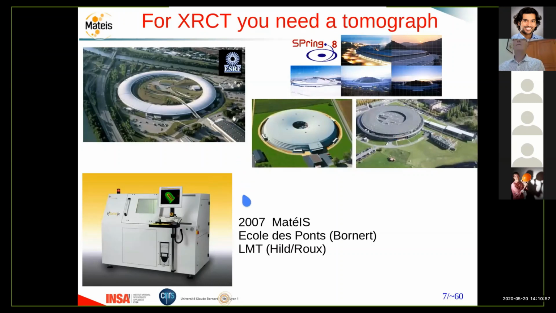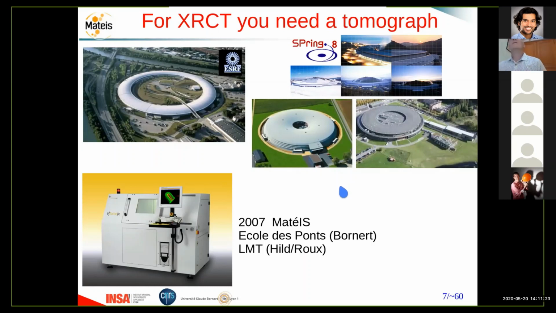And since about 2005, you can also have very nice equipment in the laboratory. So this is an example of the MatéIS laboratory tomograph, but you can also find some other examples in École des Ponts, for example, or in the LMT. So all this is very, very close to the LMS.